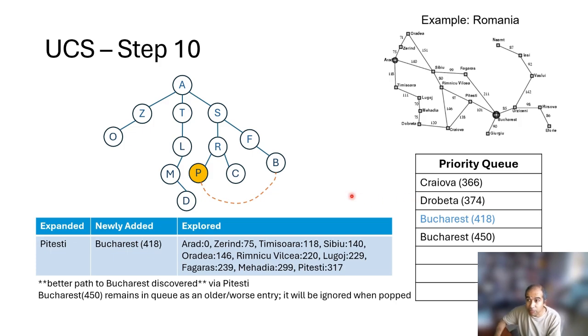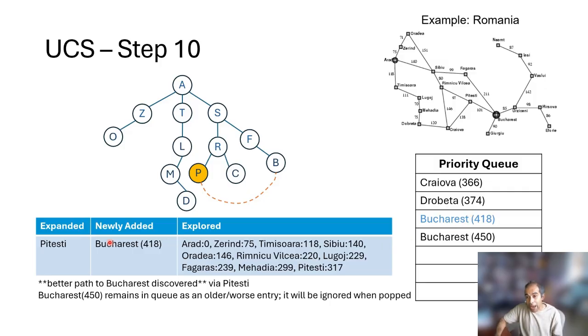And when we see Pitești, you will find out that Pitești has a path to Bucharest, which is an alternate path. Okay, so earlier there was a path to Fagaras, and we find out the path to Bucharest through Pitești is actually cheaper, which is 418, which is the addition of 140, 80, 97, and 101.